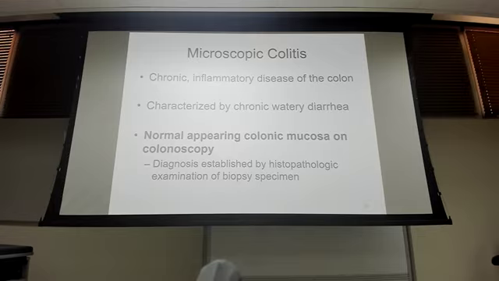Then we'll get probably a colonoscopy or a sigmoidoscopy. We'll take a slice, send it off to the lab, and then they'll say, oh yeah, this is consistent with microscopic colitis. So it's not usually what you're first line hunting for. It's usually a diagnosis of exclusion, and then you have to confirm with the microscopic or histopathological exam.